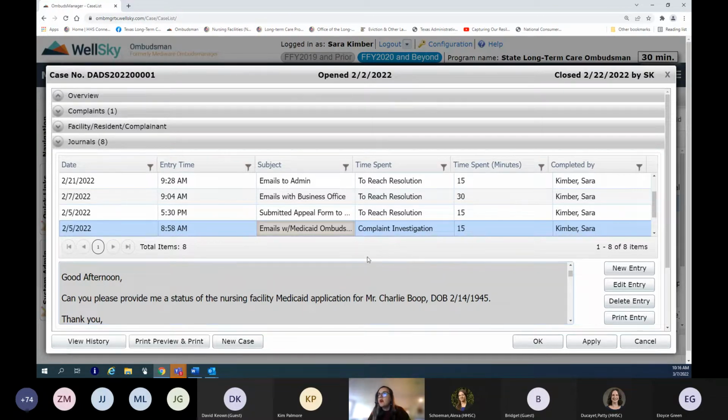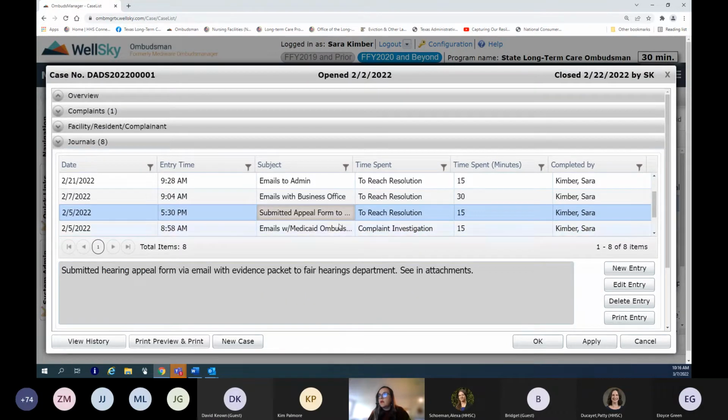Because I'm trying to figure out what's going on. And you can see here, I also submitted an appeal form to the hearings department. We know the resident wants to appeal, so I made sure that I put that into a journal entry. So I've got evidence if I ever need to go back and say, hey, what day did I submit that appeal form? It's in here.